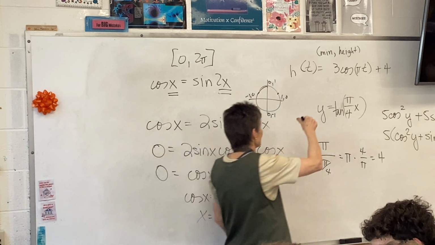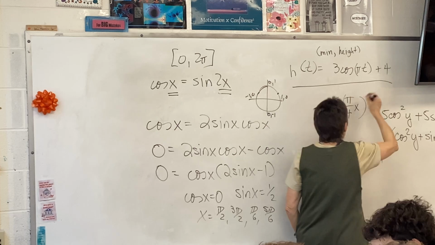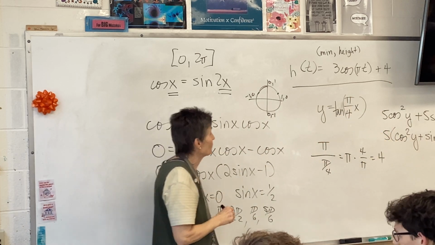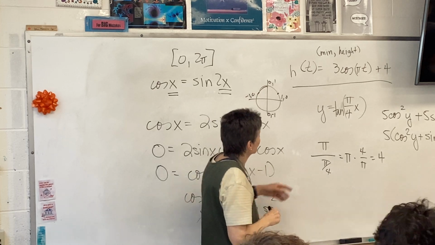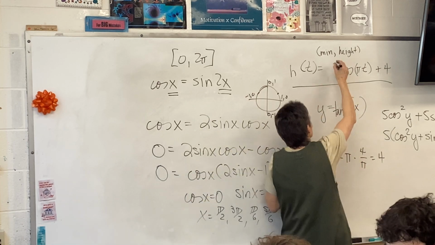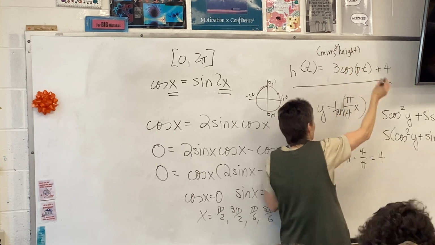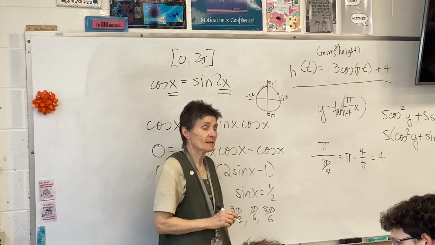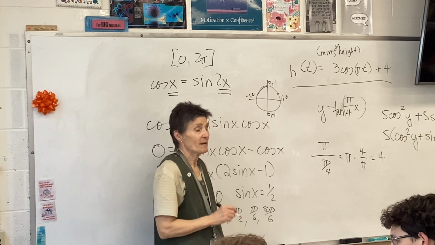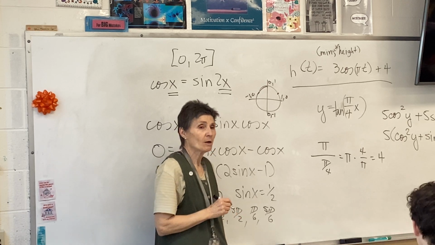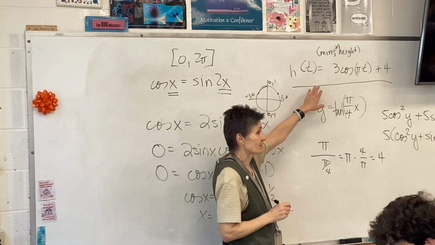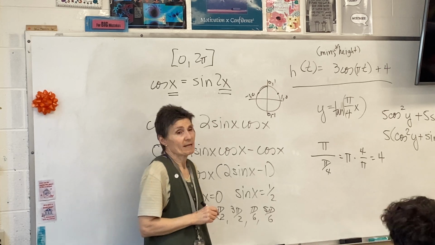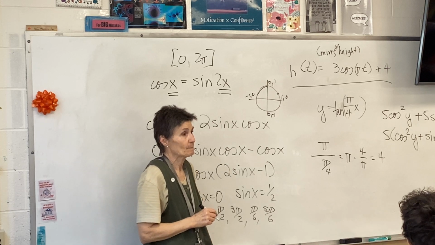All right, let's come back to this equation right here. Okay? So, like, you got a Ferris wheel going around, and this is minutes, and the height. Okay, so here's the question. How long does it take to make a full revolution? How long does it take the Ferris wheel to make a full revolution?